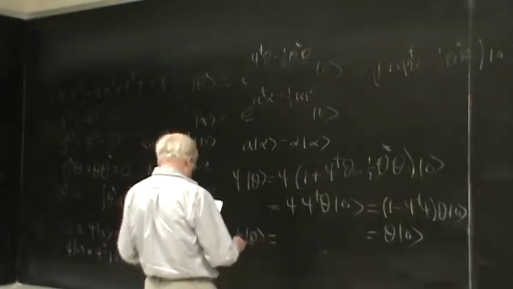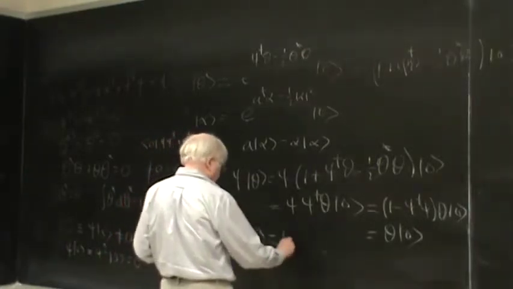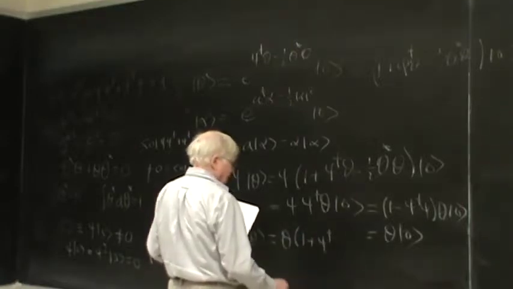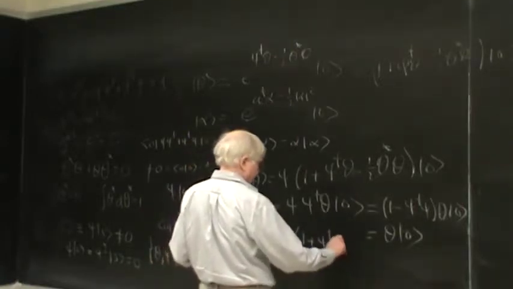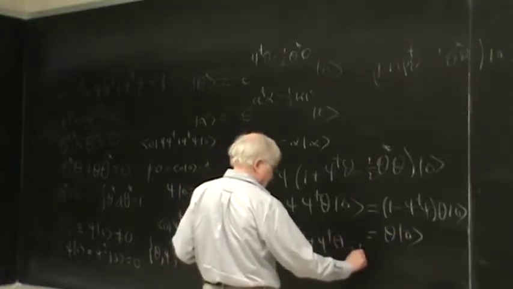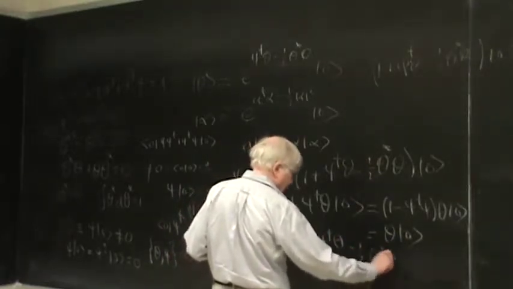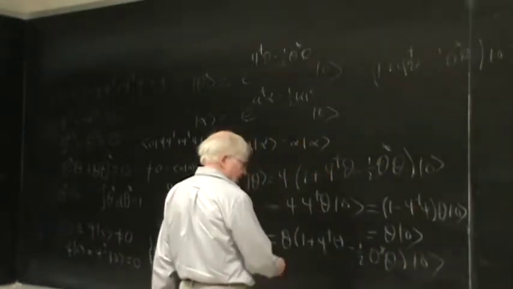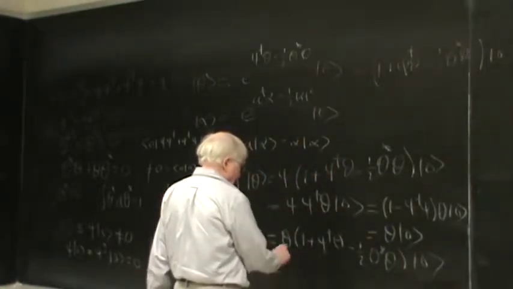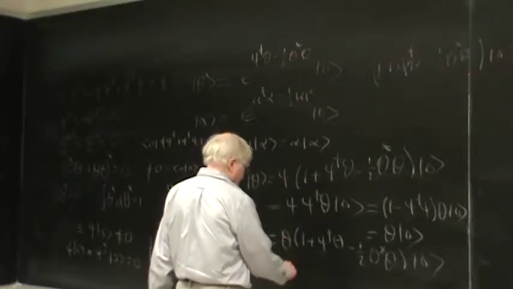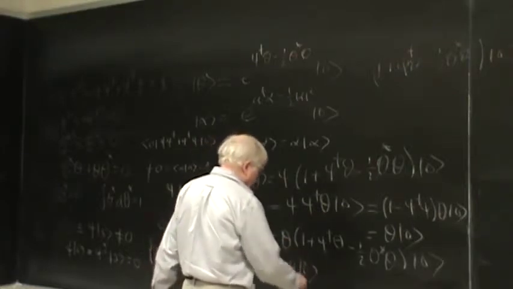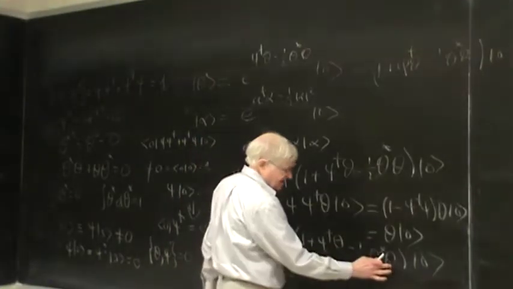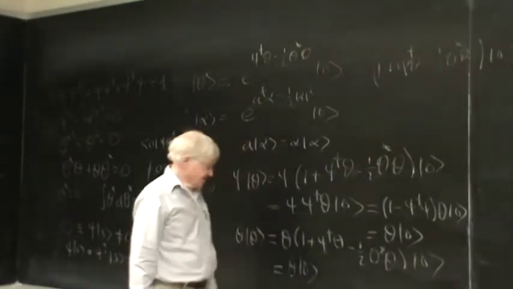Well, theta theta is theta times 1 plus psi dagger theta minus a half theta star theta 0. Okay. Well, that is certainly theta 0, but all the other terms vanish because theta squared is 0 and theta hitting that is 0. So that's that.